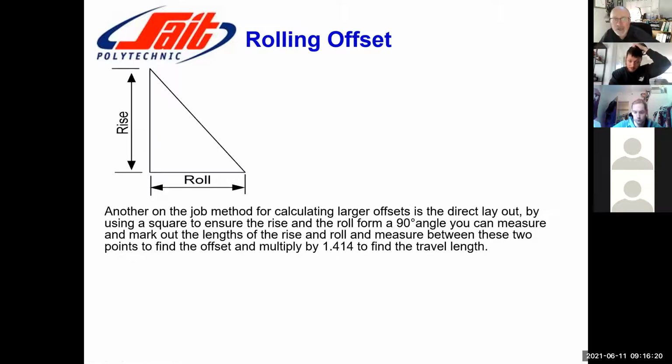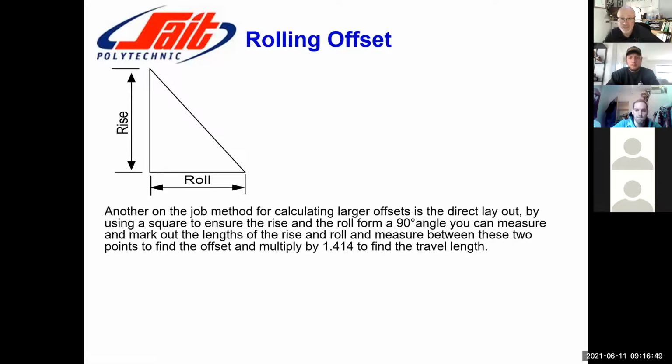If you have bigger jobs, this is another on-the-job method for calculating larger offsets: directly lay it out by using a square to ensure the rise and the roll form 90 degrees. You can measure and mark out the lengths of the rise and the roll.